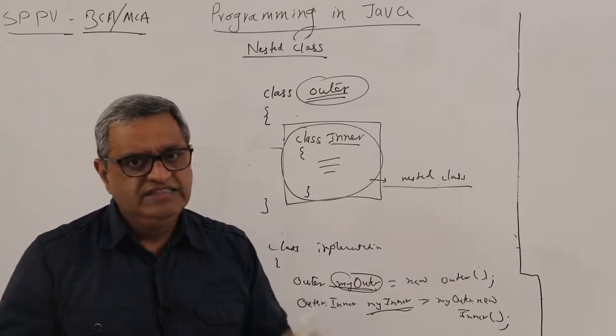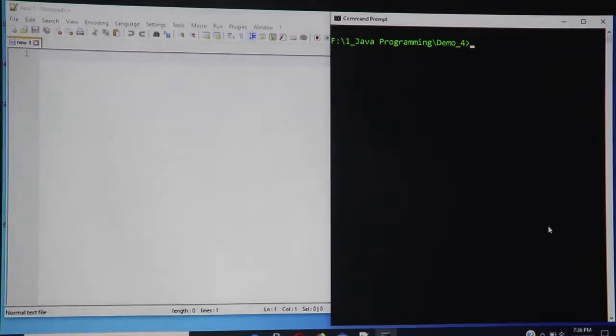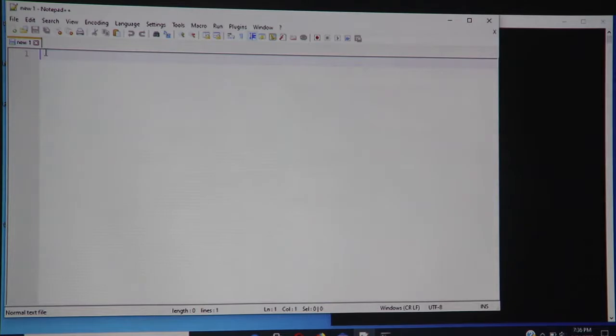So let's take a deep dive into code. In the case of nested classes, we are going to see a number of examples, so let us quickly start coding. I am developing a class whose name is OuterClass.